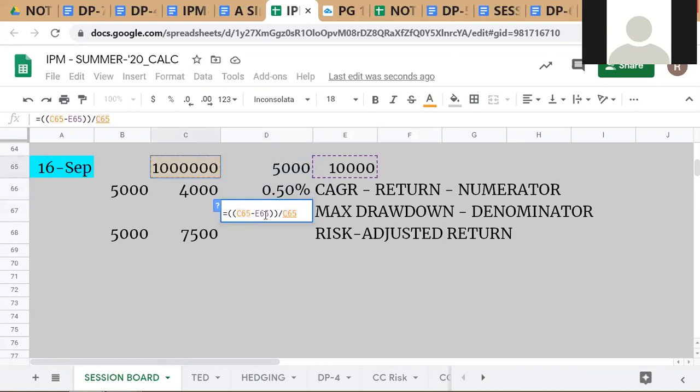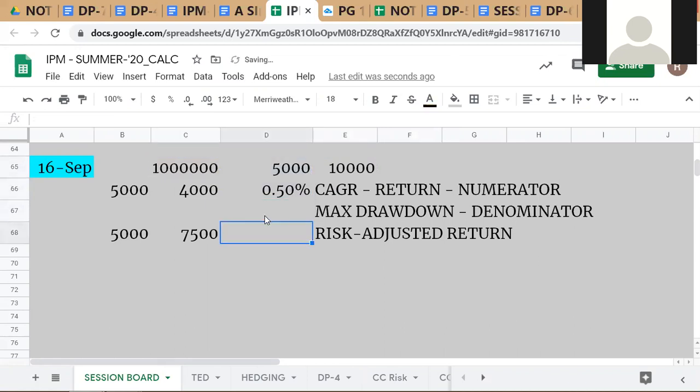In both cases, the concept is the same. This also has to be minus 1. I think I put the second bracket in the wrong place.